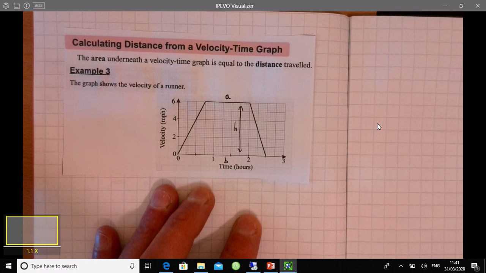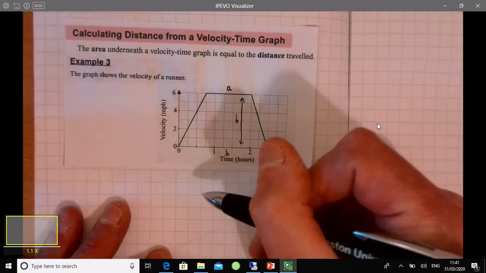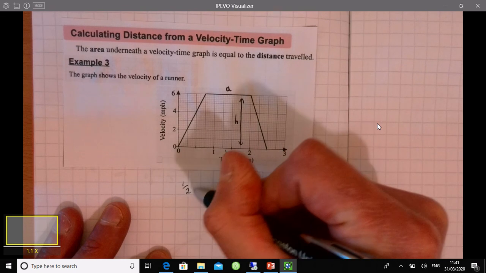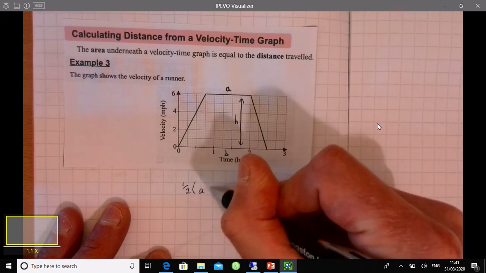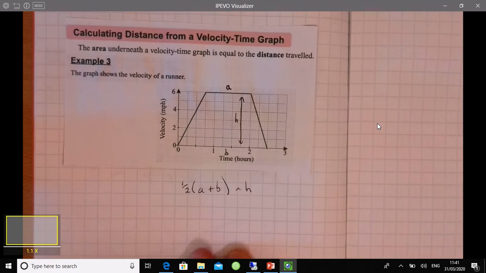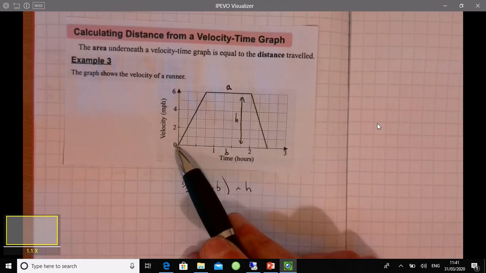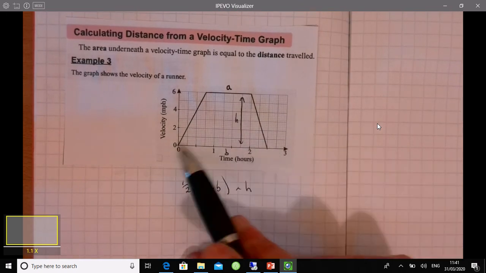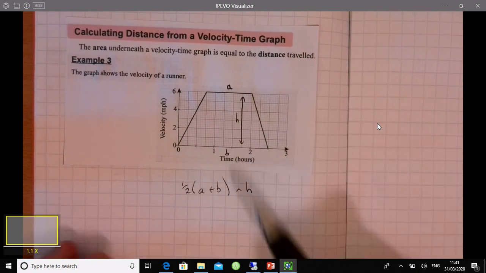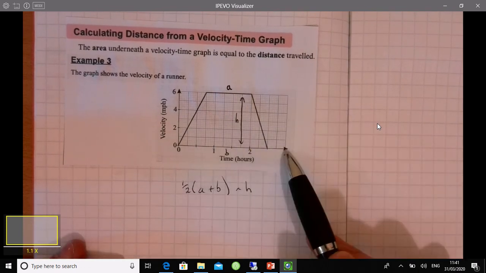So the area of a trapezium, if I write that down first for you, is half of A plus B, and then multiplied by the height. Okay, if you think about it, you're just averaging these two numbers just here, so you're kind of making it a bit like a rectangle. Right? A rectangle is just length times width, so it's a bit like that.